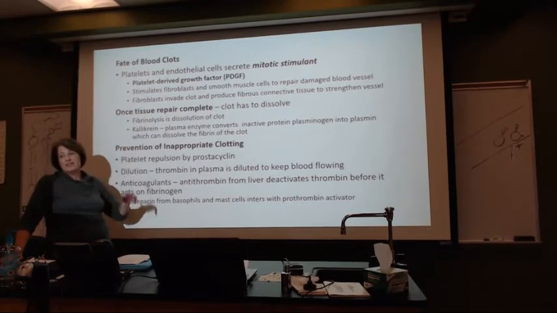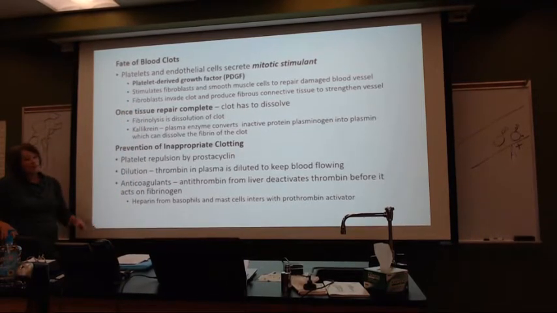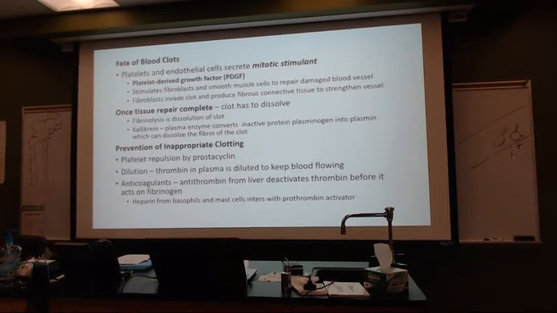In the grand scheme of things, we have to make sure the blood clots dissolve. Like I said, platelets have the ability to do that. They secrete factors that help promote mitosis of tissues so that repair begins to occur.